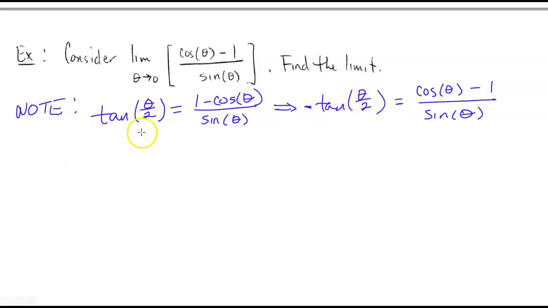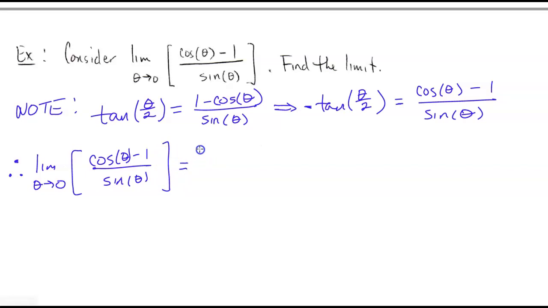So looking at it this way, I can say, therefore, the limit of this particular function is just going to be the same as taking the limit of negative tangent of theta over 2.